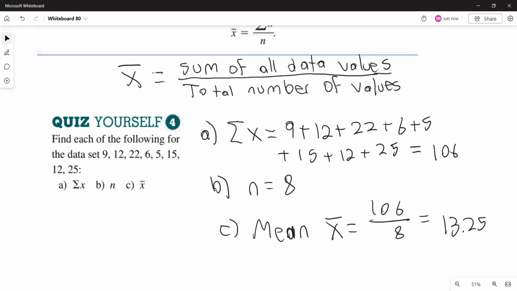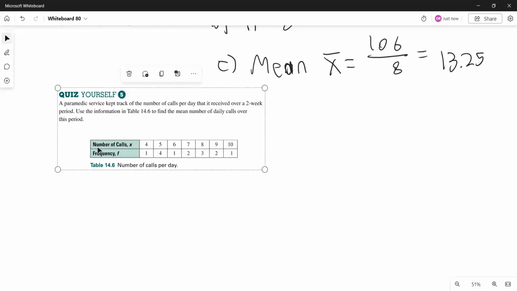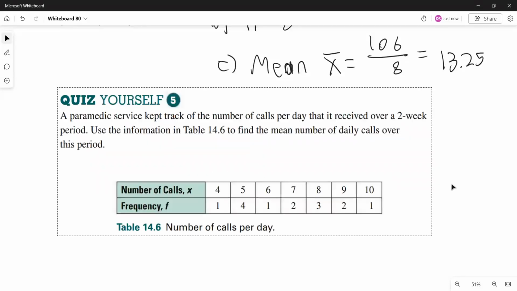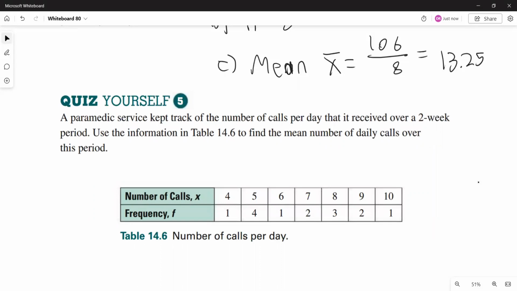If you have a frequency distribution, you also need to consider the frequencies. So that's the next quiz yourself, quiz yourself 5 on page 736.